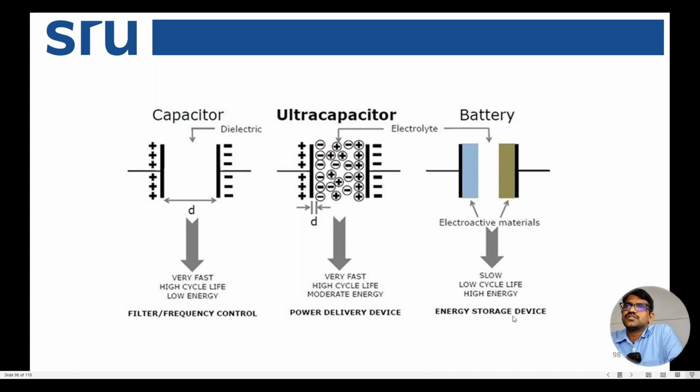So this is an energy storage device, and this is a power delivery device. We can call the battery an energy storage device. The first priority for energy storage is the battery, then the supercapacitor, and then the capacitor. Out of the three, which can store more energy?